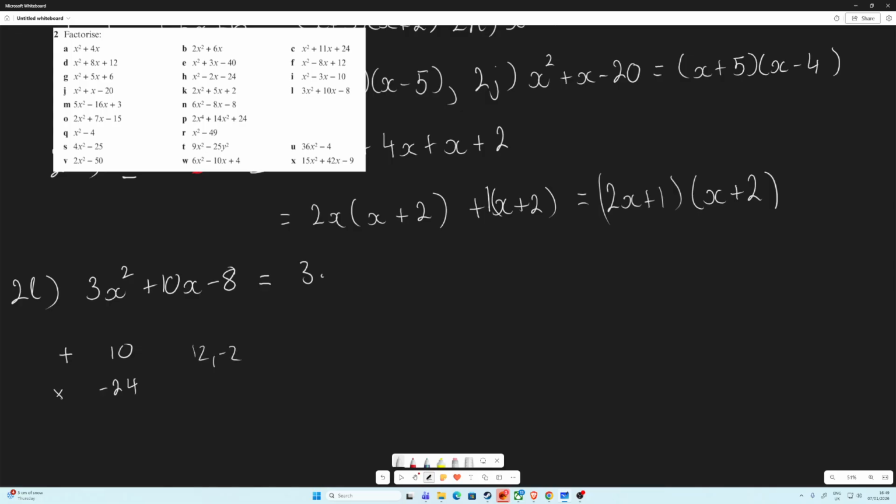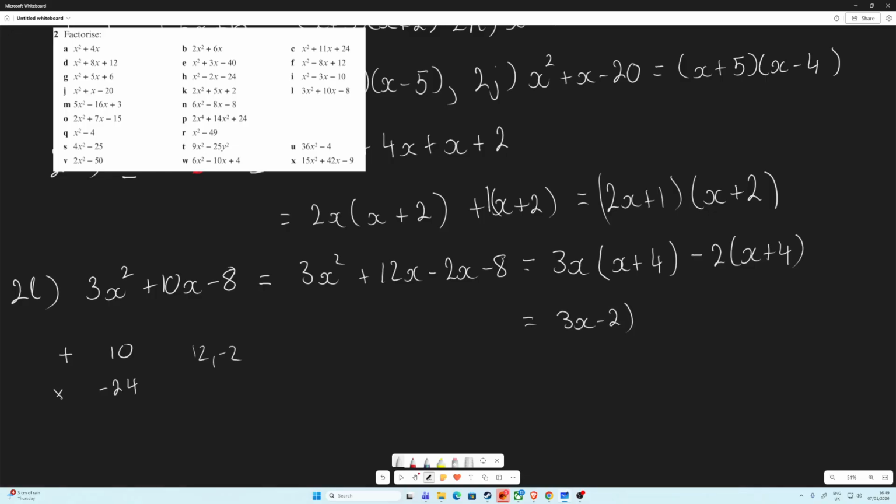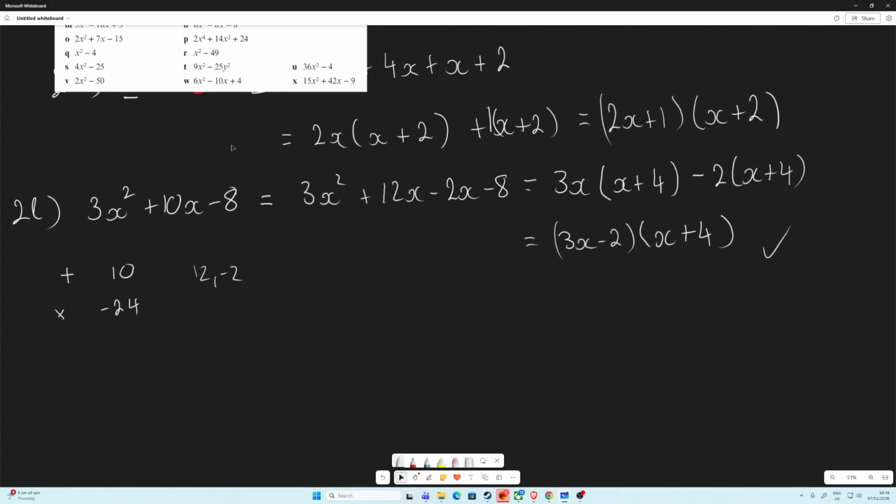So it's 3x squared plus 12x minus 2x minus 8. So that's 3x times x plus 4 minus 2 times x plus 4. So this is 3x minus 2 times x plus 4. That's correct.